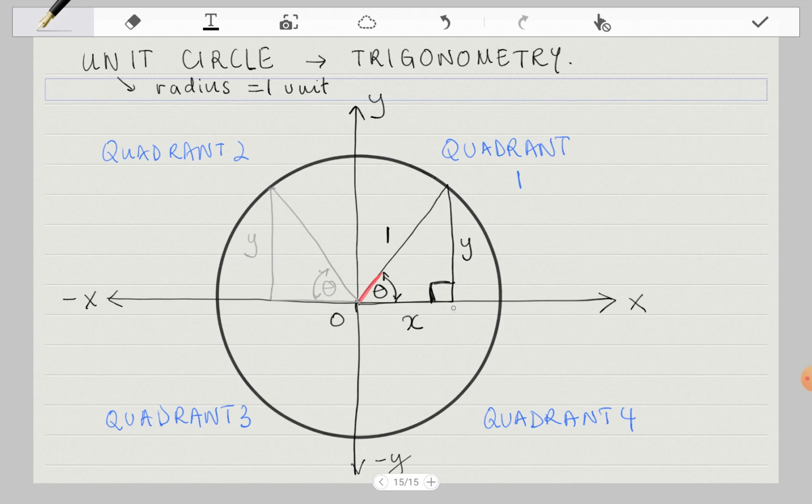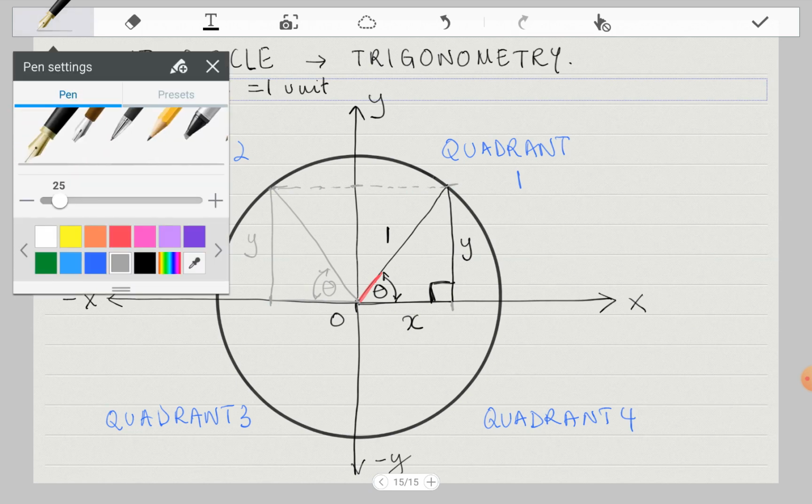So if this reading is x and that reading is y, then y is going to be positive in the second quadrant, but the x is then going to be negative. So you're going to get negative x in here.